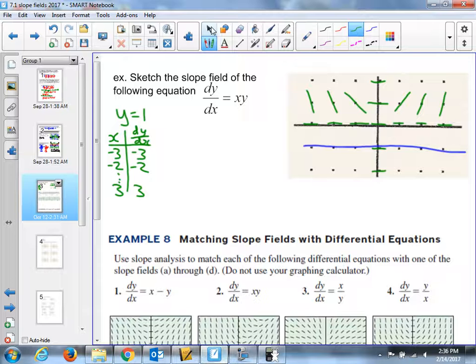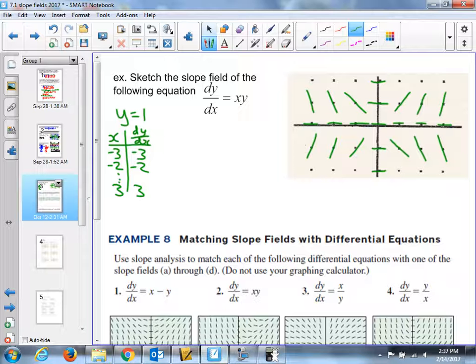Negative 1 for the x value will give me a positive 1. And then 2. And 3. Positive x values, so like positive 1 times the negative 1 for the y. And then steeper.